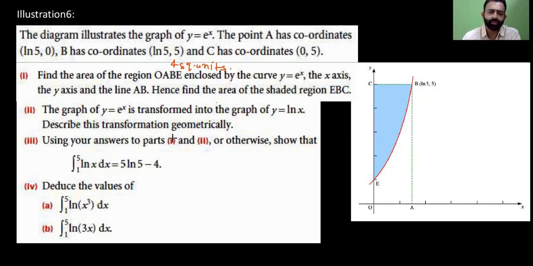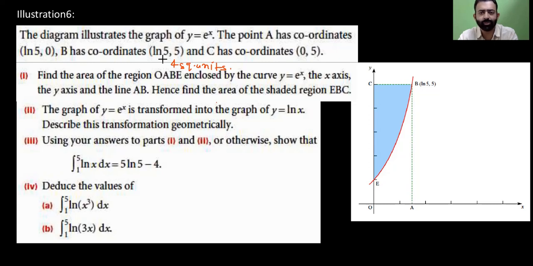So how are y equals e raised to power x and y equals ln x related to each other? The answer is that we know the exponential function and the logarithmic function are inverses of each other. And using the property of inverse functions, that if any function has an inverse, both the functions f(x) and its inverse f inverse x are a reflection in the line y equals x.